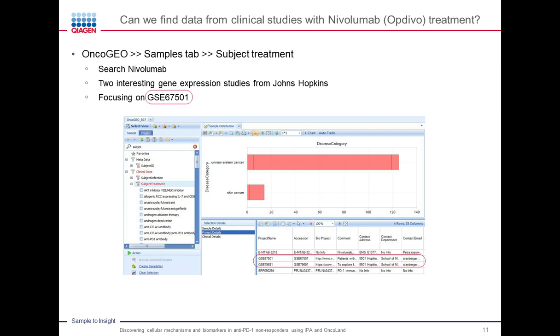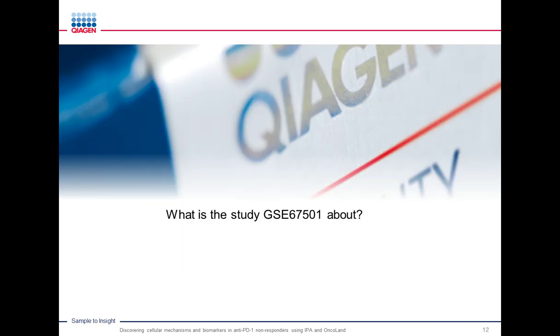Now, one of the great things is our team has curated metadata, so you can actually learn more about these studies by simply studying the table. But you can see there are also some links. By reading the links, you can read more about the studies and decide which studies you want to focus on. So in my case, I'm focusing on the study with GSE ID GSE67501.